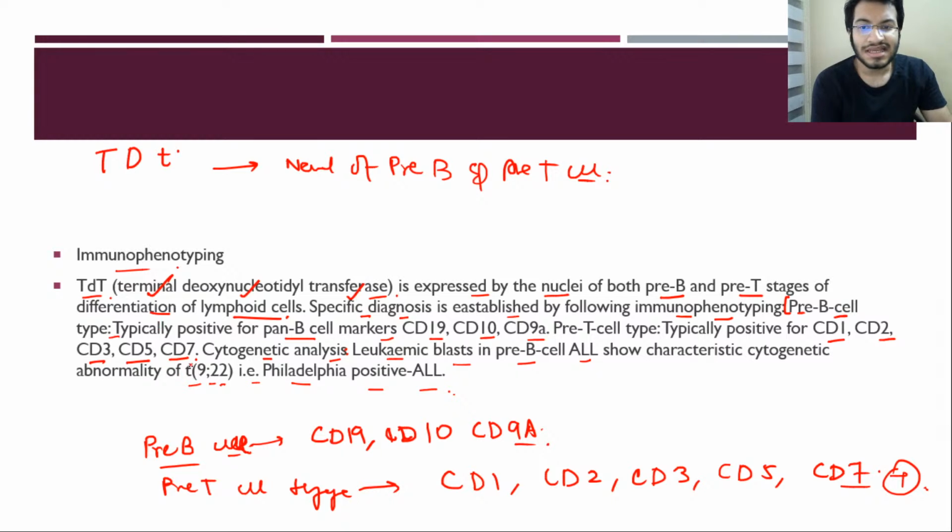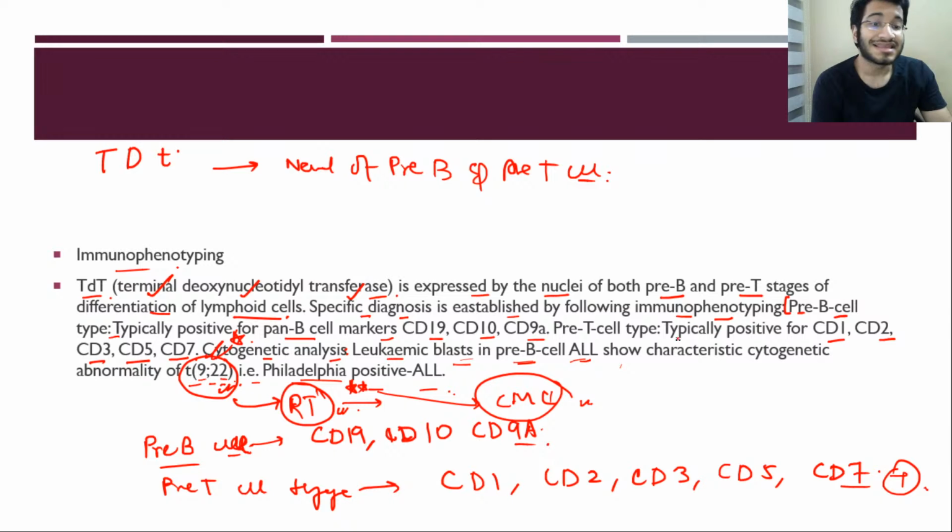Then cytogenetic analysis: leukemic blasts in pre-B ALL show the characteristic cytogenetic abnormality t(9;22), which we discussed earlier, a reciprocal translocation, right? It forms the Philadelphia chromosome, which is also positive in CML. So if you find this abnormality, then you can say Philadelphia positive ALL, right?